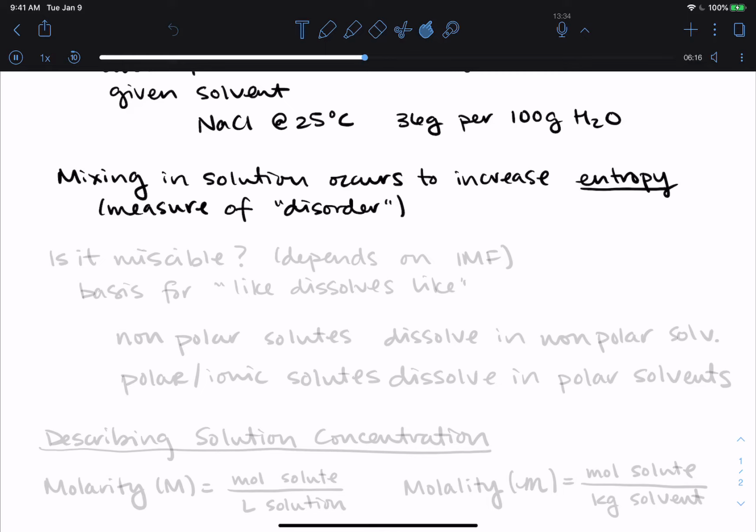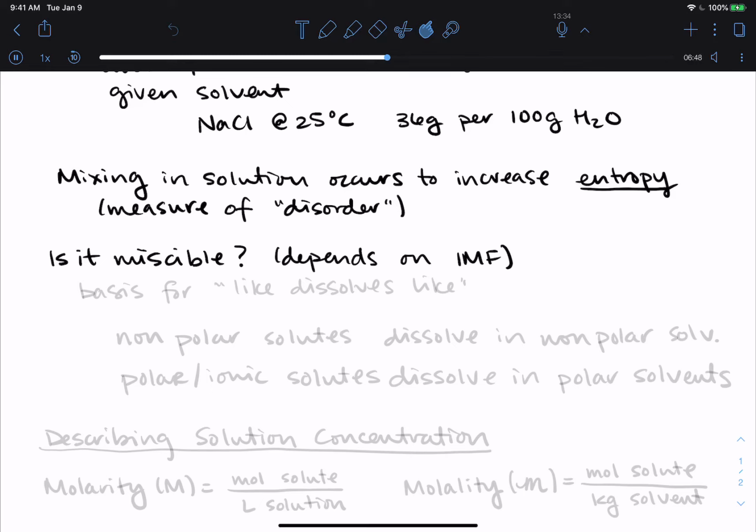All right. So built on top of this and the intermolecular forces that we talked about in a previous section, we can look at different types of compounds and ask the question, is it miscible? And this depends on intermolecular forces.